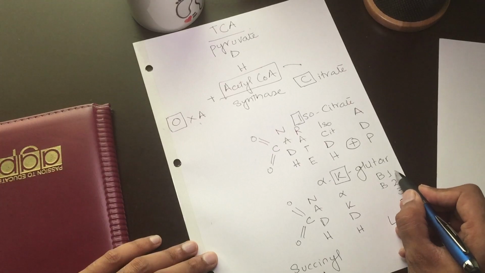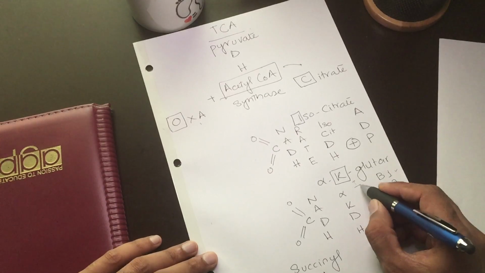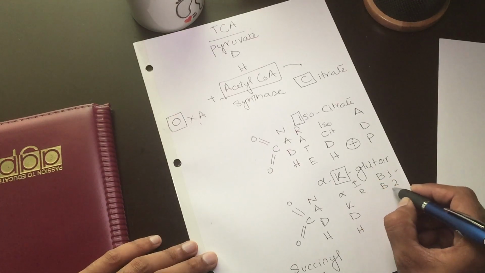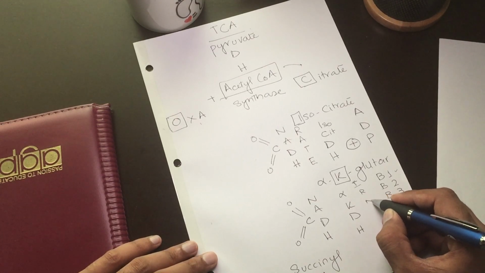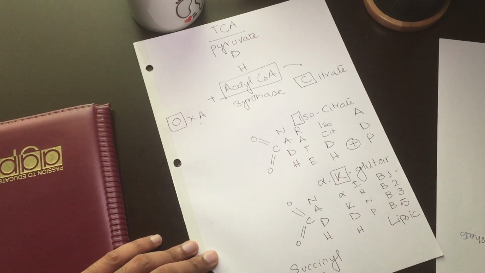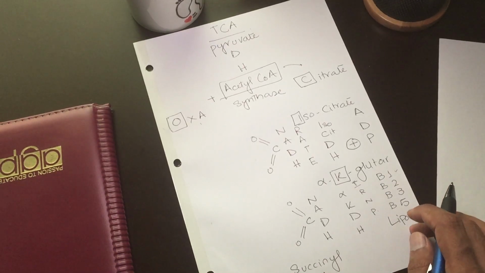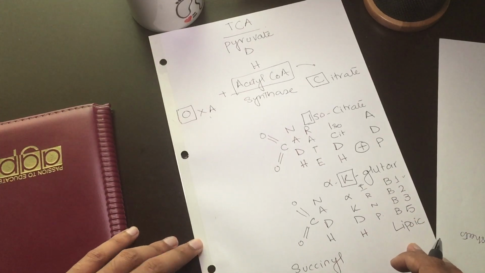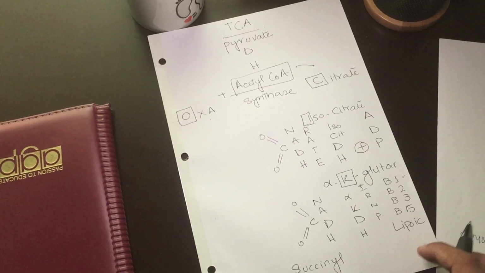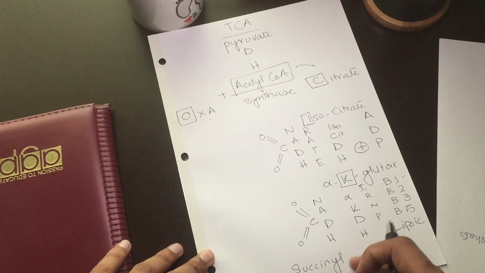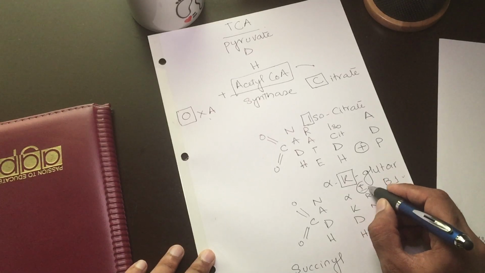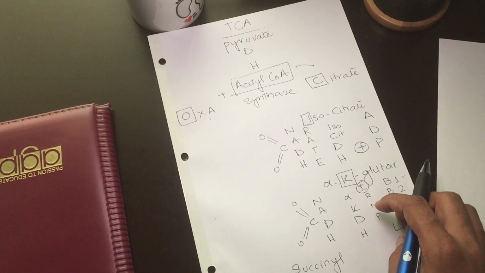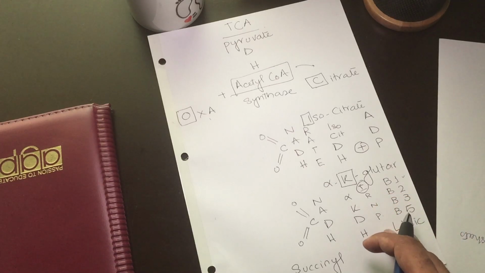So we use thiamine, riboflavin, niacin, and pantothenic acid. These are the cofactors used by pyruvate dehydrogenase and also by alpha ketoglutarate dehydrogenase to make succinyl CoA.